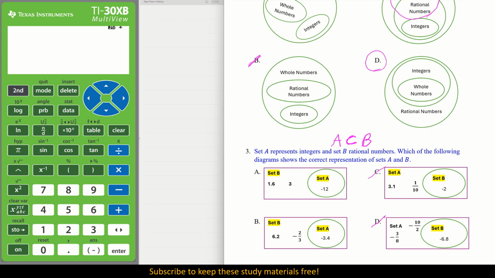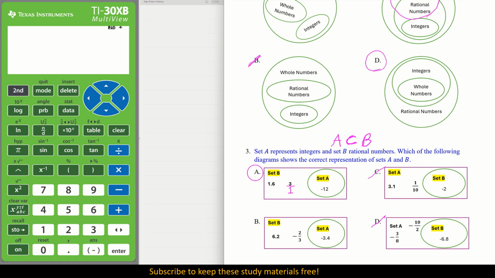Now, A represents integers. So for option A, we have -12, which is an integer. And B is supposed to be rational numbers. Well, I absolutely agree with that, because all whole numbers can be written as a rational value.